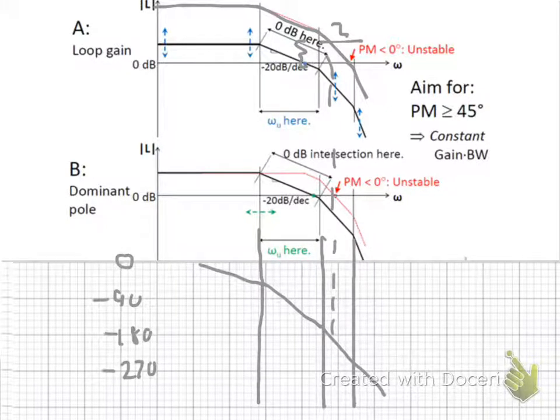So now the first way we can increase stability is that we can decrease the loop gain. You see, we take this graph and we literally move it down like that.